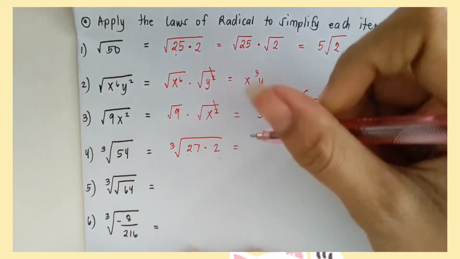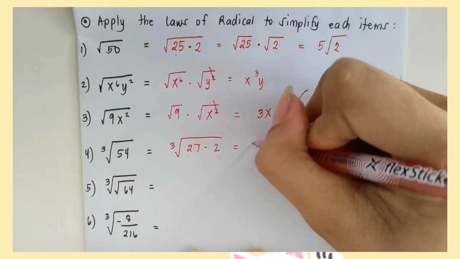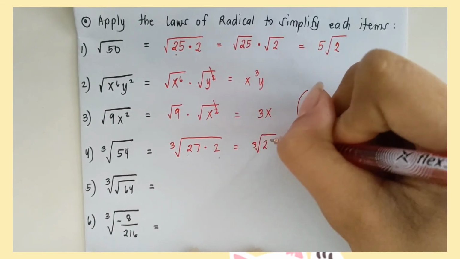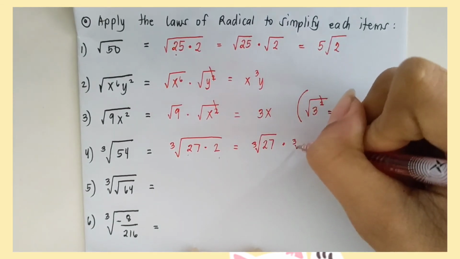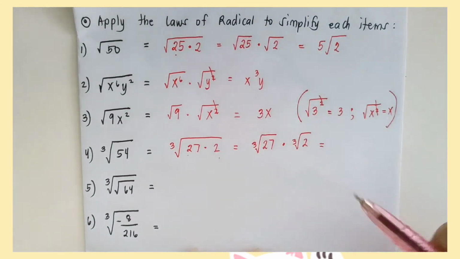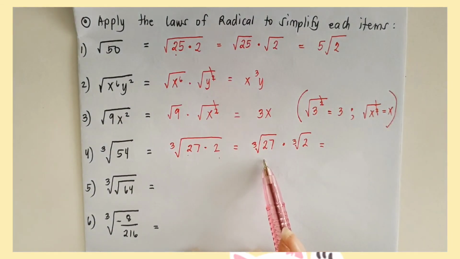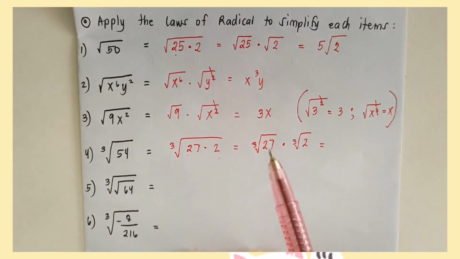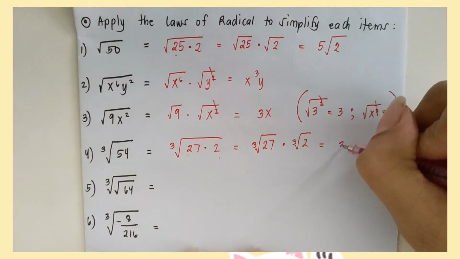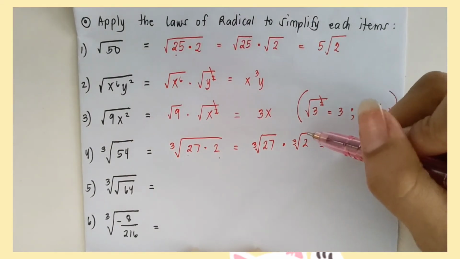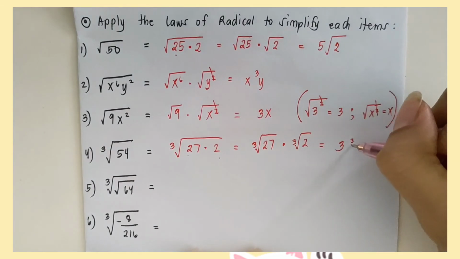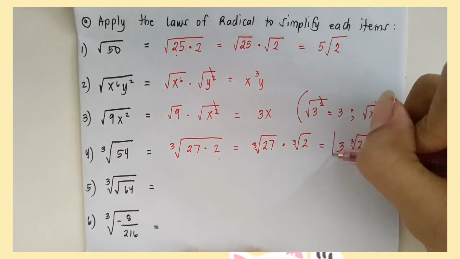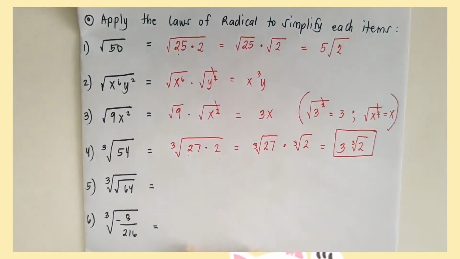So let us expand this one. This is the same with the cube root of 27 times the cube root of 2. 27 is a perfect cube number, and that is 3, because 3 times 3 times 3 is 27. Next, just copy the cube root of 2. This is now our answer for number 4.